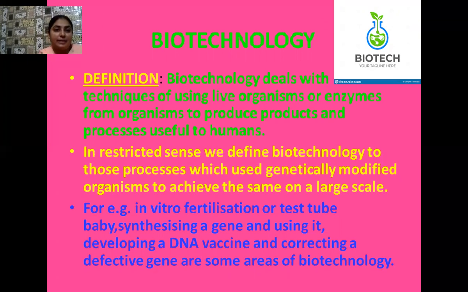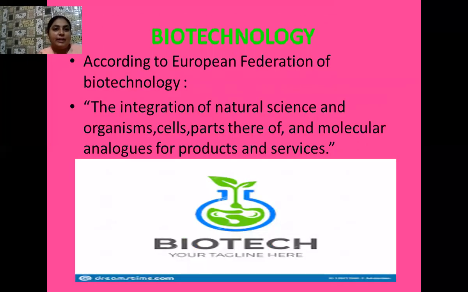in modern society. Student, according to the European Federation of Biotechnology, what the European Federation says is that it is the integration of natural science and organisms, cells, parts of these cells to produce molecular analogues for products as well as services.